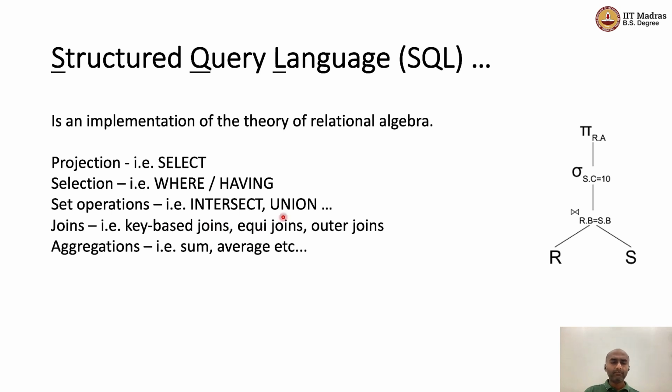Yeah, so we spoke about this briefly, that SQL is actually an implementation of the theory of relational algebra. What is relational algebra? Let's just dive a bit deeper into it, and then we'll get into the specifics of how SQL gets used in big data.